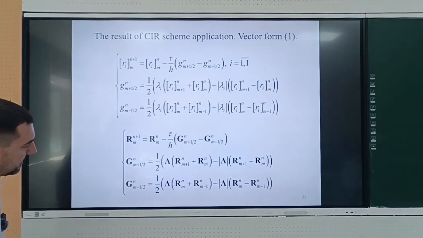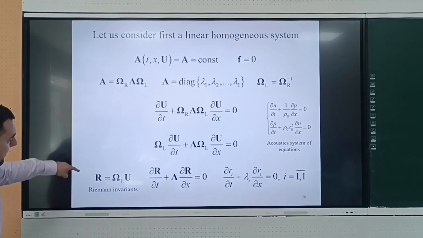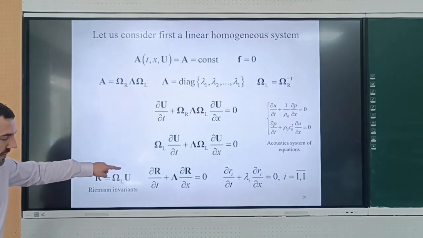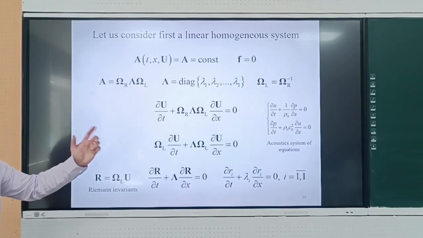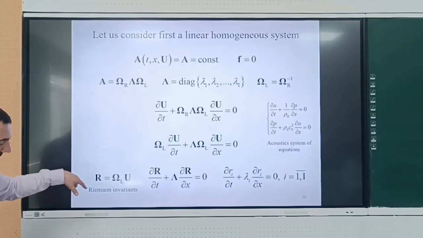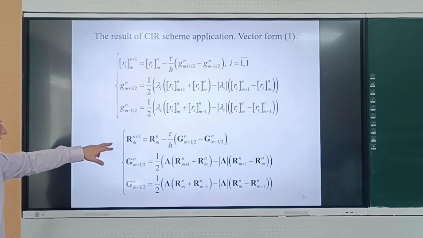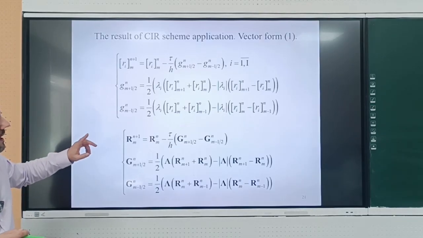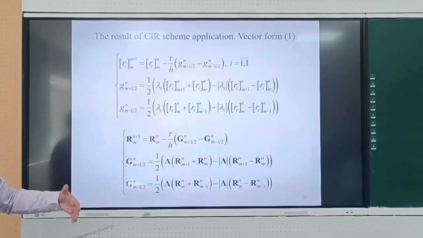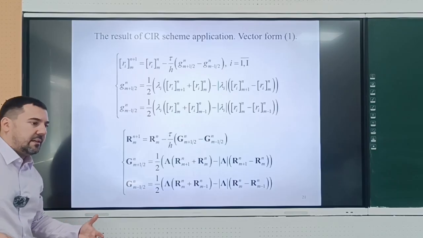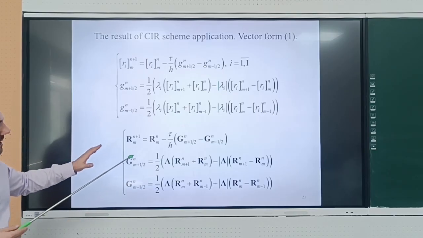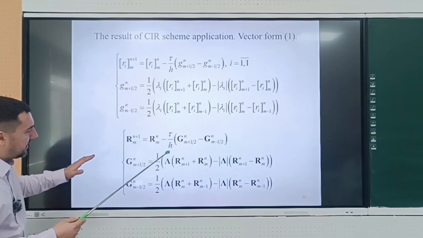So these variables: U is our initial variable, such as velocity, density, pressure, and so on. R is some combination between them. And first of all, we are able to build a good numerical scheme. I mean, we can expect that the properties of the Courant-Isaacson-Rees numerical scheme will be the same here.